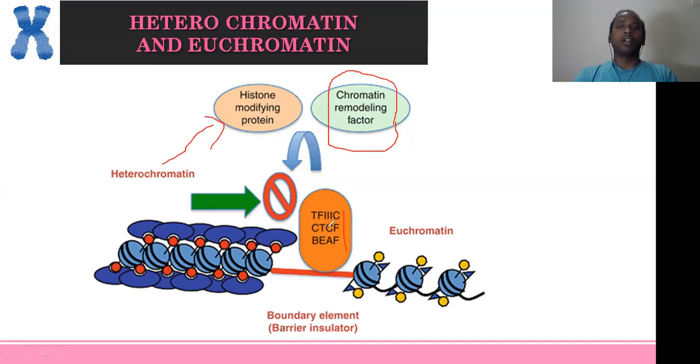We call these checkpoints, or also barrier insulators, because they can check what kind of gene of the heterochromatin is going to the euchromatin. This is like the transition. These remodeling factors take the decision whether euchromatin has to enter into heterochromatin or not. This is how the conversion takes place.